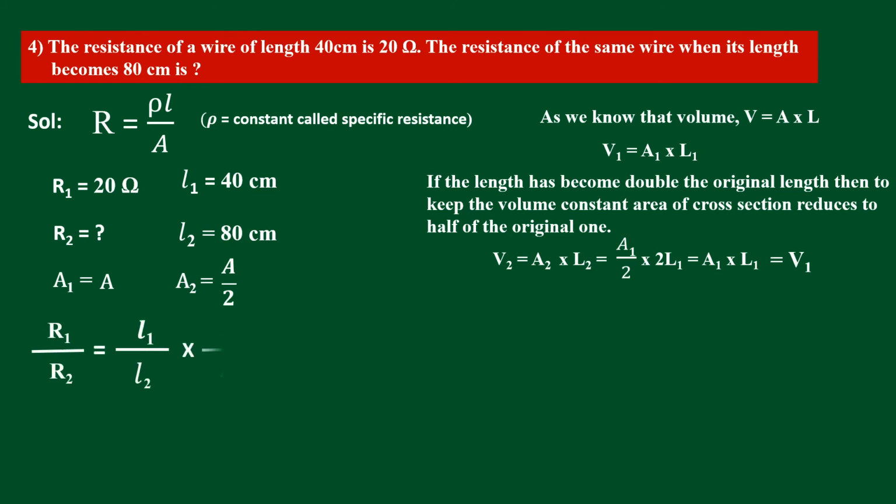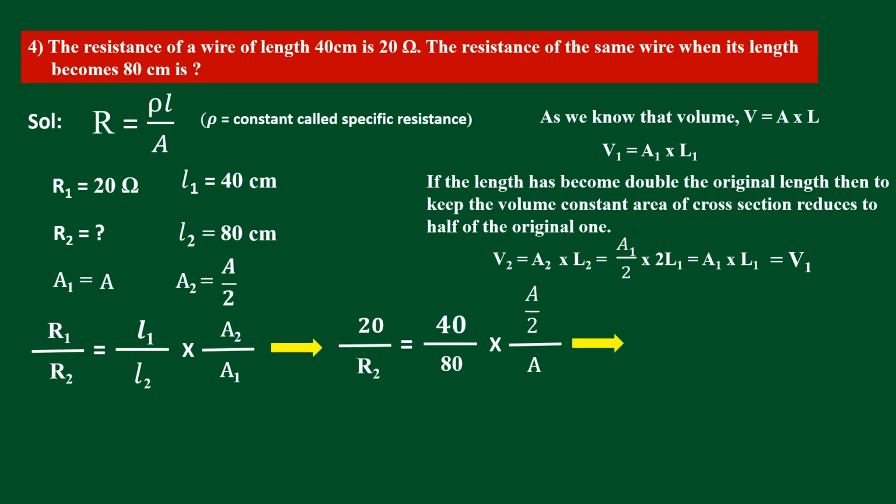And we know the relation R1 by R2 is equal to L1 by L2 into A2 by A1. If we substitute the above values in this relation, we get 20 by R2 is equal to 40 by 80 into A by 2 divided by A. Now, if we simplify, we get 20 by R2 is equal to 40 by 80 into 1 by 2.